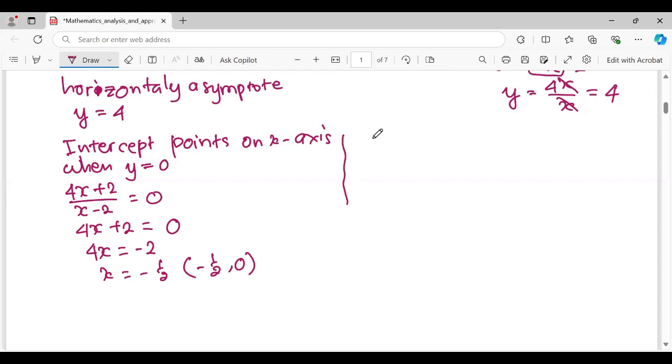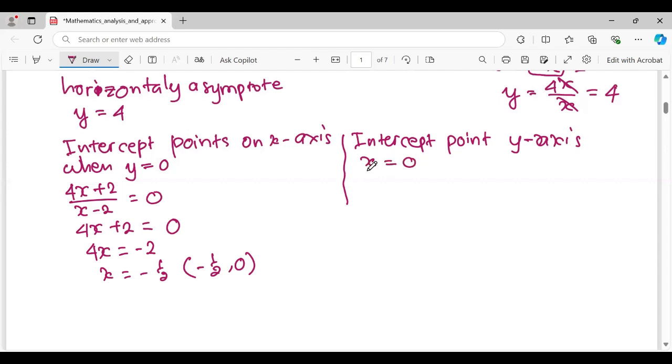So the intercept point (x, y) is (minus half, 0). Next, the intercept point on the y-axis, when x equals 0.